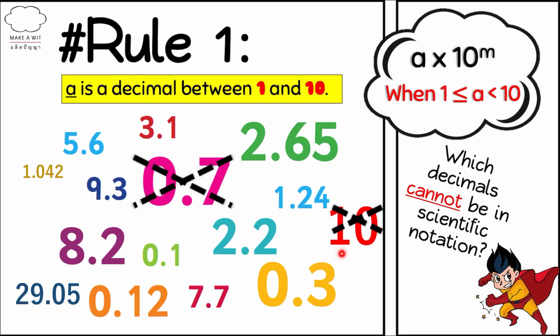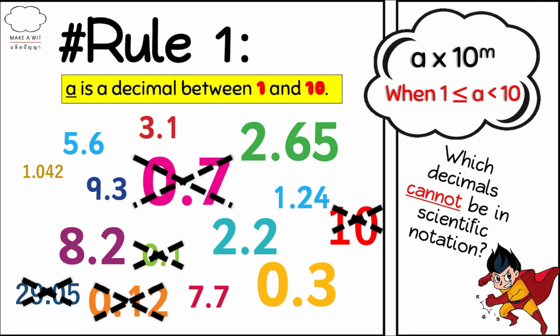It can be less than 10. 9.9 maybe, but 10 no. 8.2? Yes. 0.1? No. 2.2? Yes. 29.05? No, no way. It's more than 10. How about this one? 0.12? No, it's less than 1. 7.7? Yes. 0.3, last one.